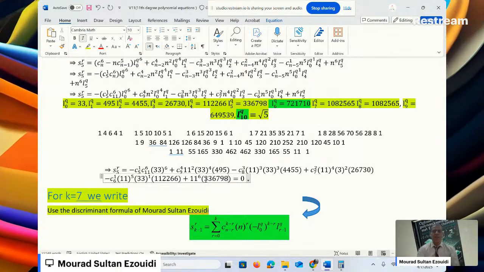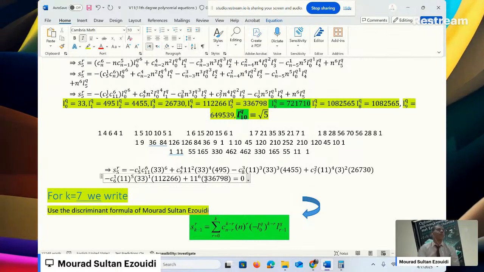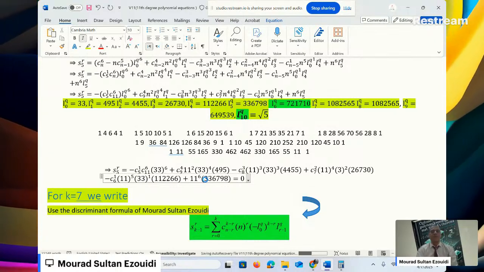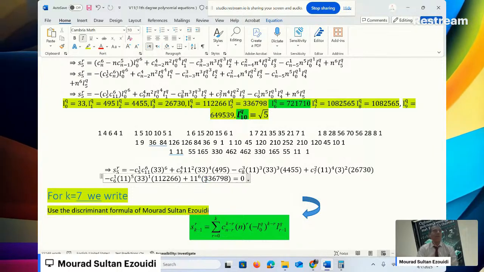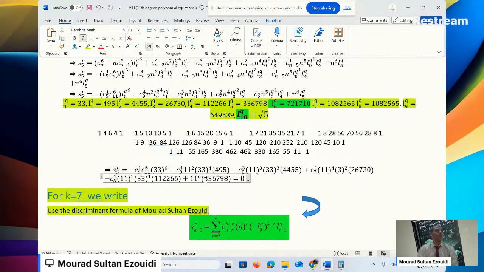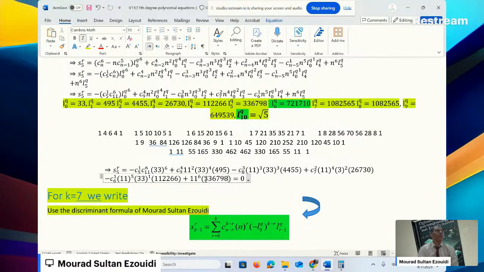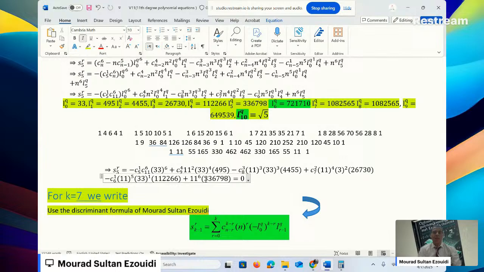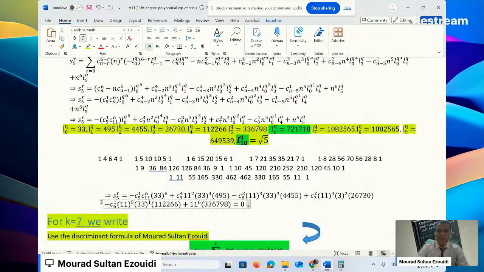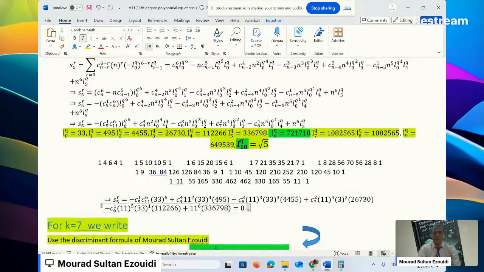So this one is going to be equal to... okay, let's calculate this. I will use my calculator.